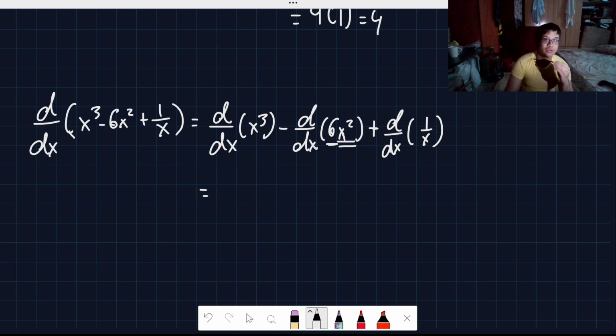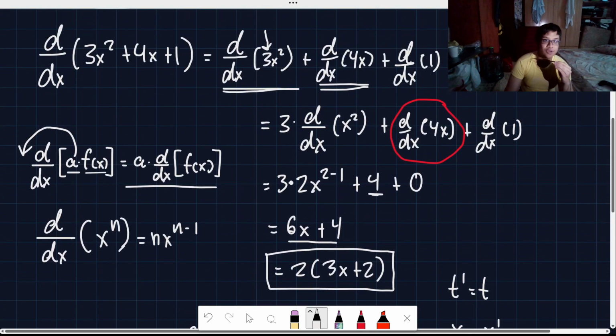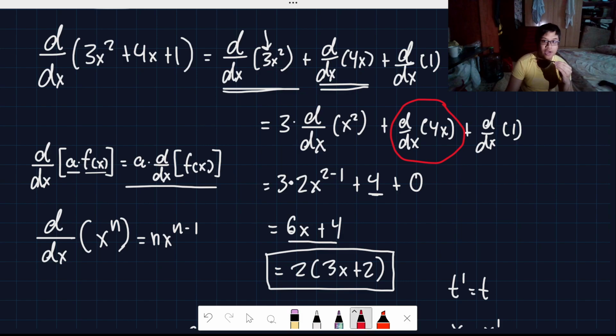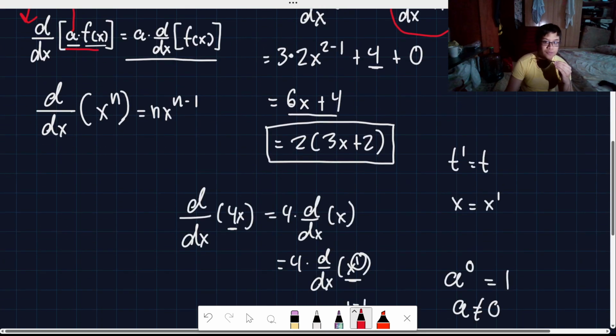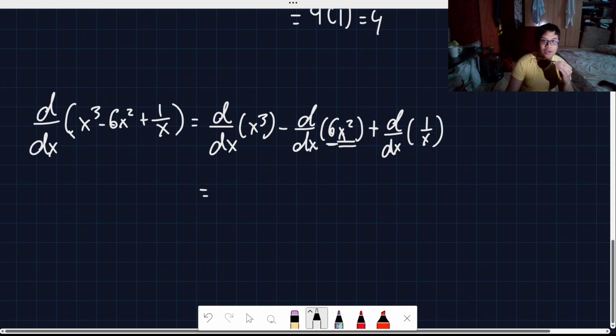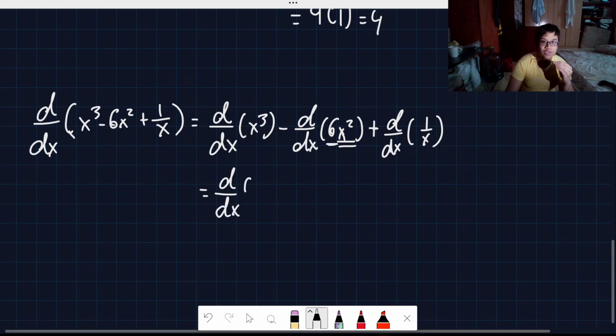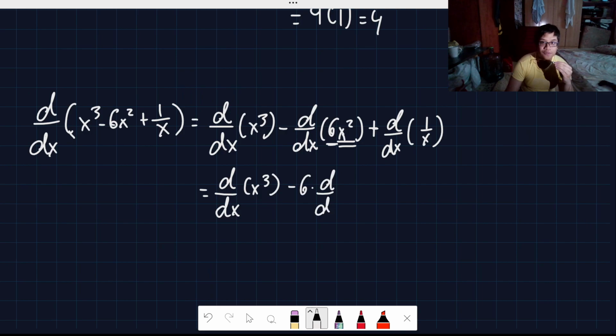Basically, if you have a constant and a function together like this, just simply bring out the constant and focus on differentiating the function. So hence, let me just rewrite the other terms first. We will have 6 times the derivative of x squared.